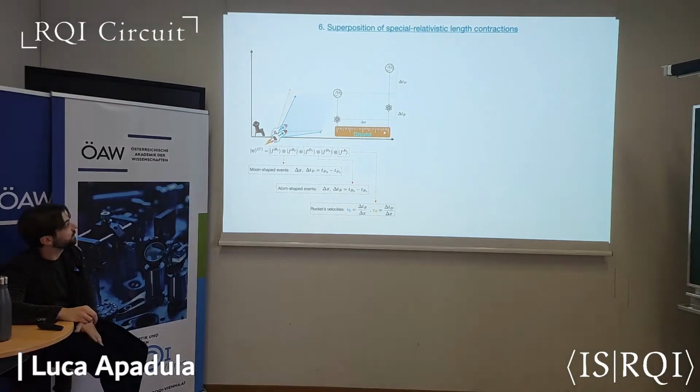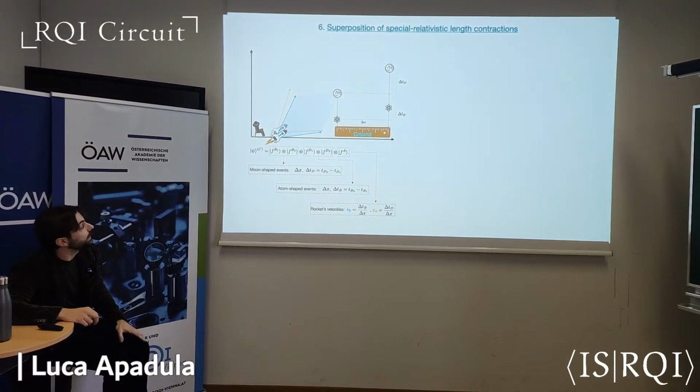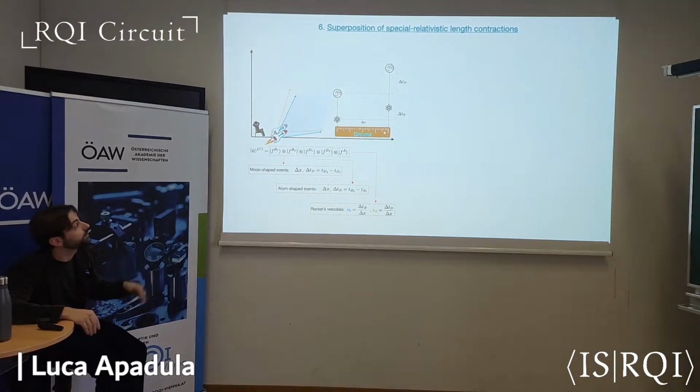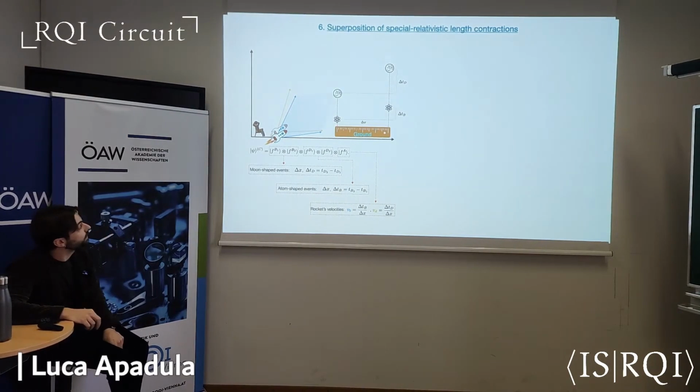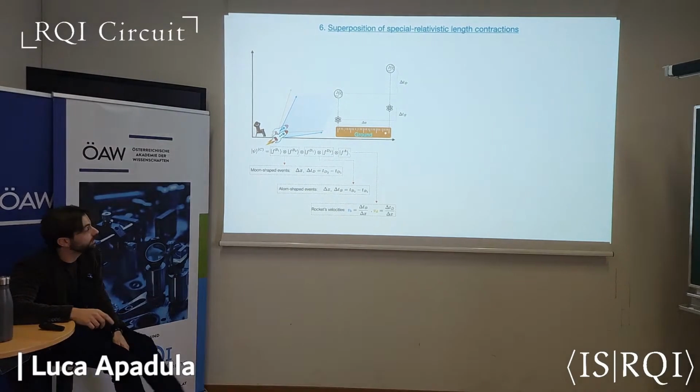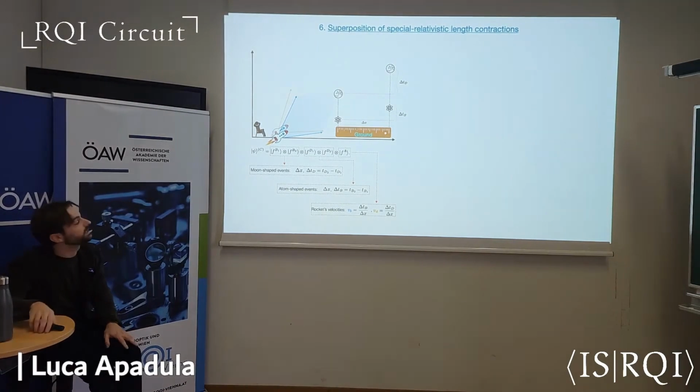Again, we start from the perspective of C. We have two couples of point-wise events, moon-shaped and atom-shaped, which have a space separation that coincides with the length of the rod of the guy sitting on the ground. And now the velocity of the rocket is related to the ratio between the time and space separation, delta TB over delta X for VB, and delta TD over delta X for VD, for the yellow speed.